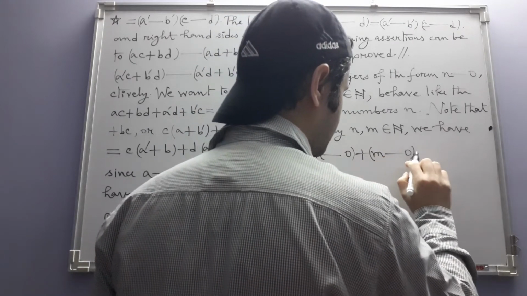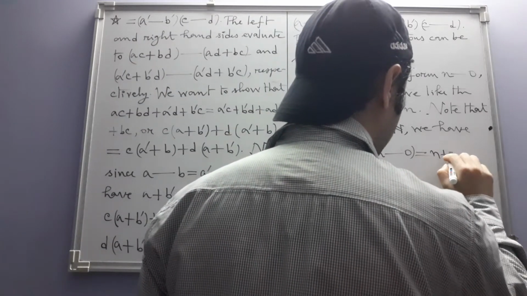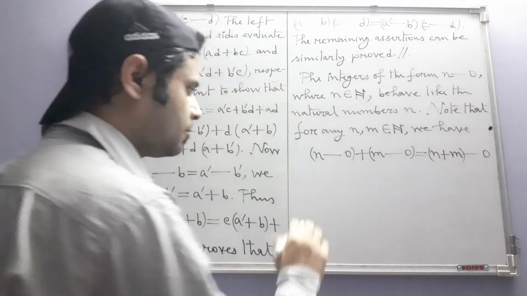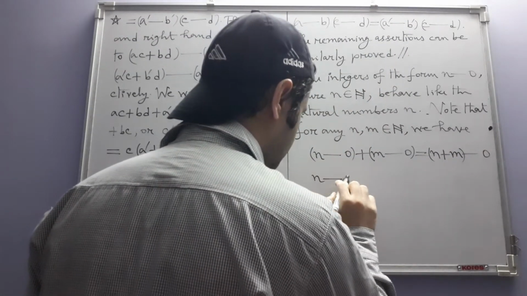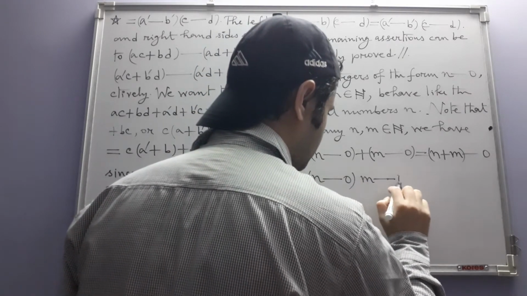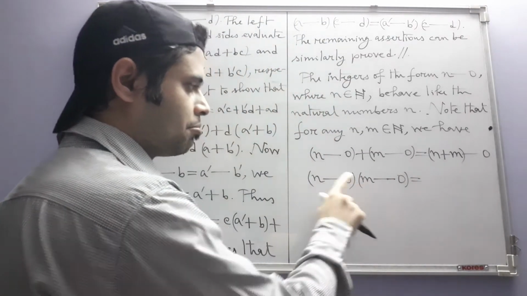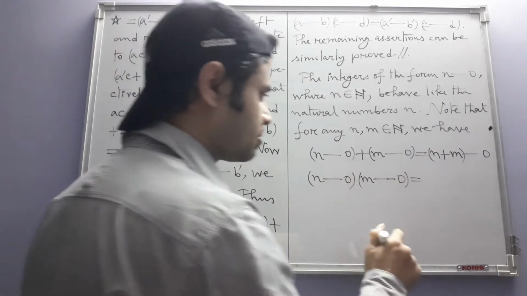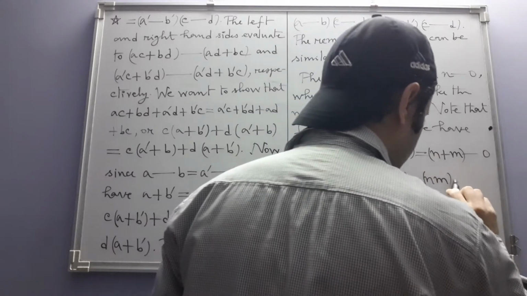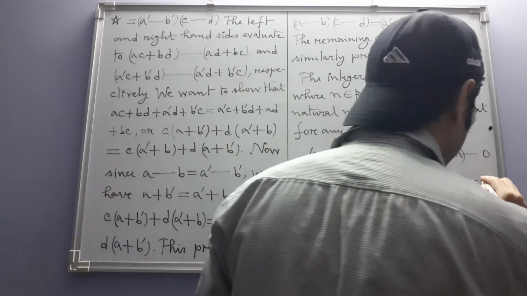If you apply the definition of addition, it will be n plus m dash 0. Also, if you take their product, then what will it be? nm plus 0 0. So that gives us nm dash n0 plus 0m. That gives us 0.